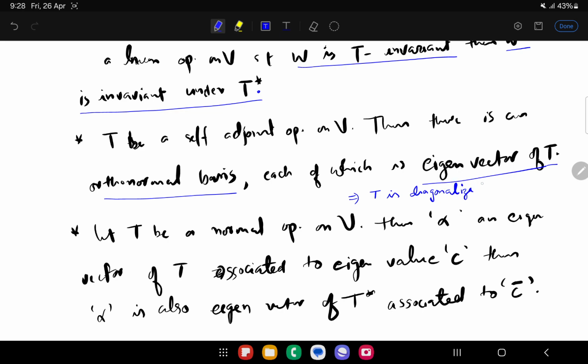For diagonalizability we in fact need a basis of eigenvectors only, but here we have the extra property that it is an orthonormal basis. Okay.